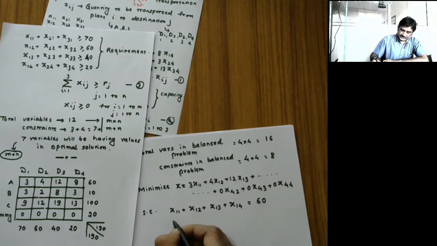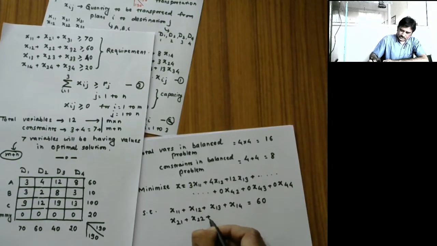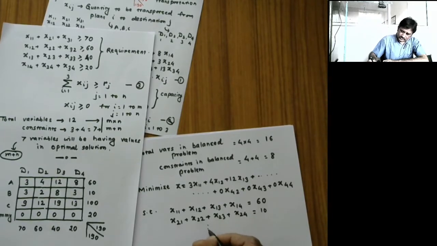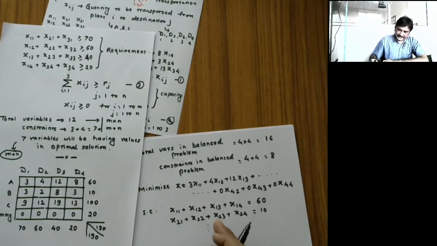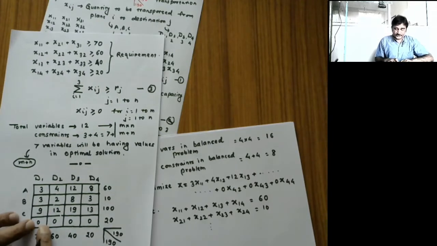Then another constraint will be, now set i equal to 2: x21 plus x22 plus x23 plus x24 will be equal to 10, and so on. By setting i equal to 3, then i equal to 4, I'll get 2 more on the capacity side. Even the fourth constraint, don't get confused that all these are zeros so there won't be a fourth constraint.